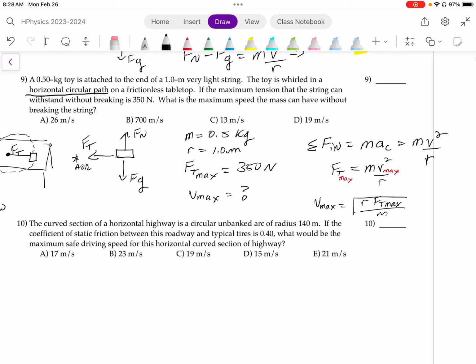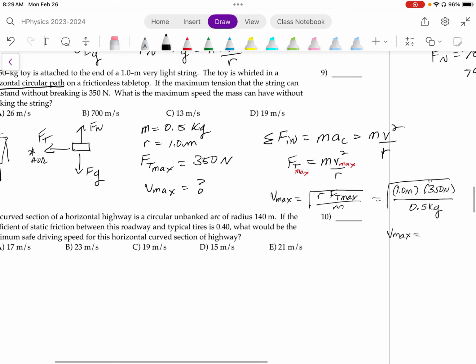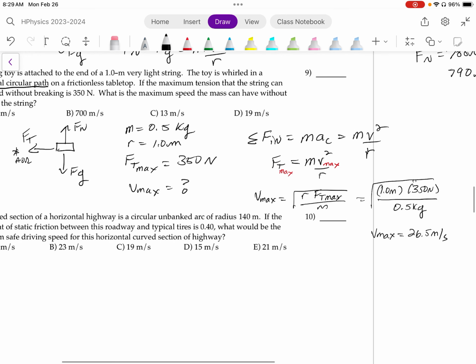Now I can plug in numbers: the square root of 1 meter times the max tension, 350 newtons, divided by the mass of the toy, 0.5 kilograms. Plug that into your calculator. Don't forget to take the square root, and I will find that V max is equal to 26.5 meters per second, to 2 sig figs is 27 meters per second.